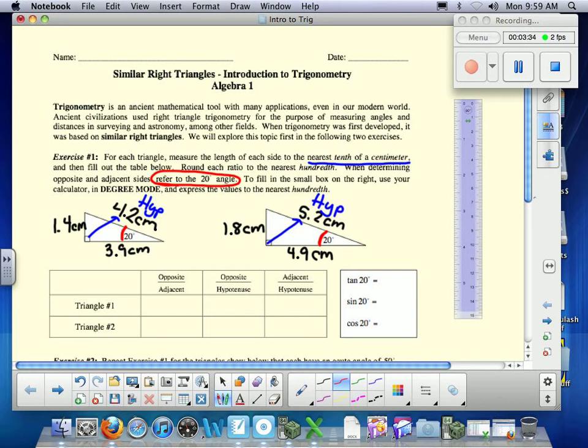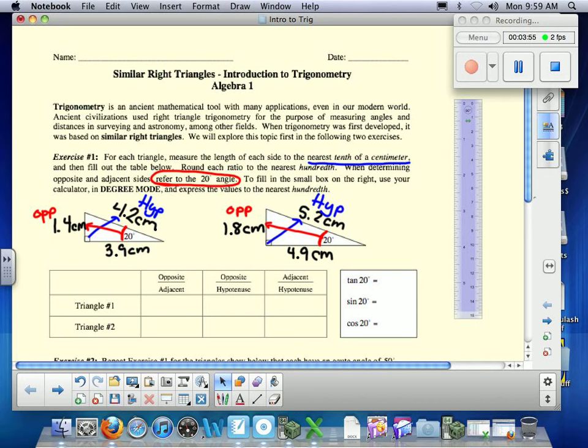So reading those problems is still important. Where is the side opposite the 20-degree angle? Here's our side opposite the 20-degree angle.